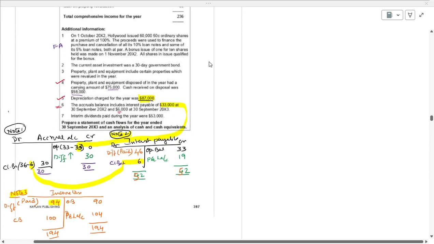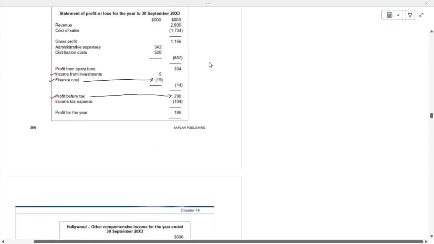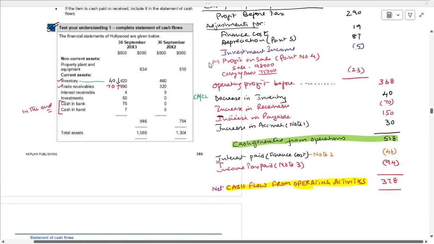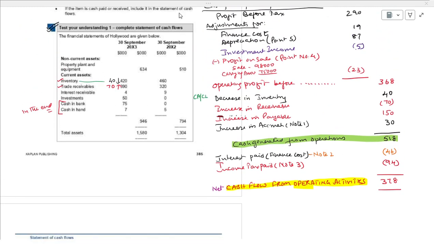Okay? Now, we have to take property, plant and equipment. This is the non-current activity. Okay. How much is the opening balance?